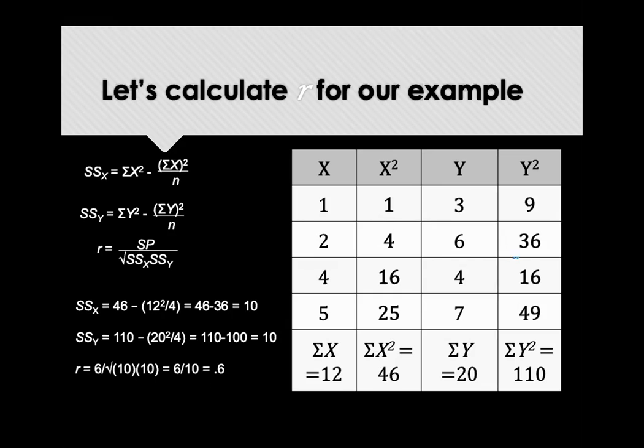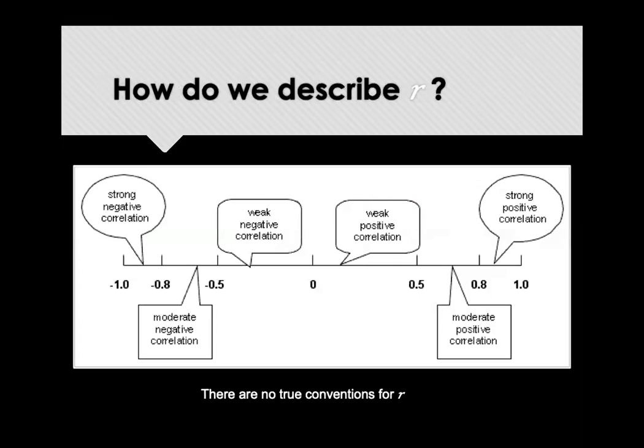0.6, what does that mean, right? Is that good, bad, strong, weak? Here is a way of interpreting or describing your r value. You'll notice this says there are no true conventions for r. That just means there are no absolute black and white answers.